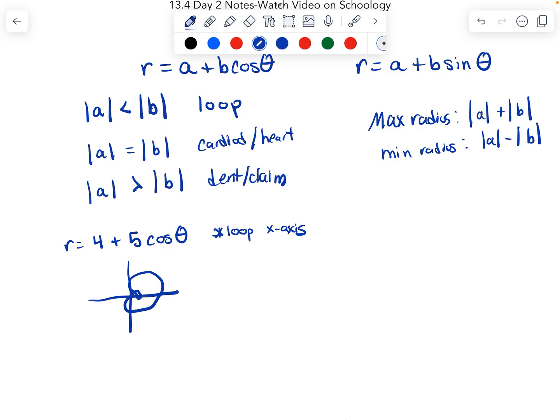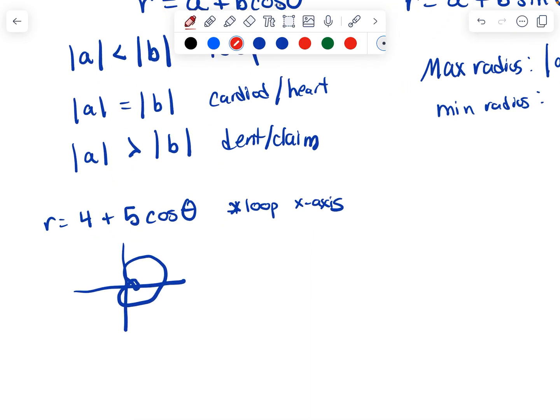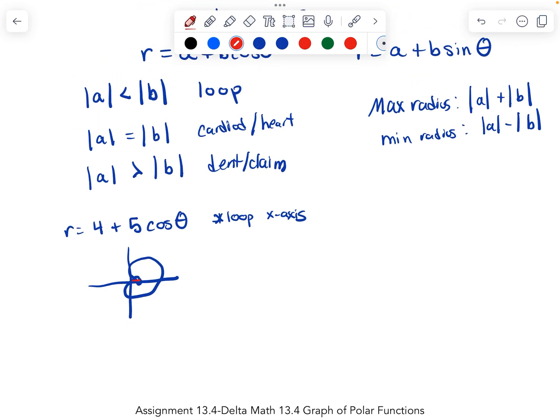It has that loop, that's terrible. And when it talks about the minimum radius from here to here, that's 1. And from here to here, that radius, you add them together and it's a distance of 9.